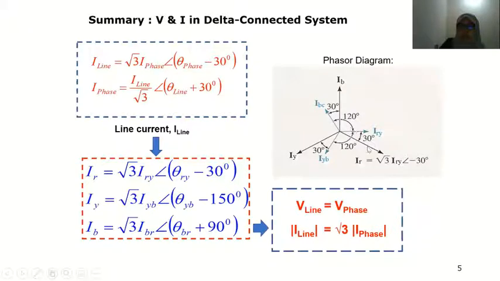The same also applies to your line currents IR, IY, and IB. They also share the same magnitude, but differ by 120 degree from each other. So that is how you verify your answer.